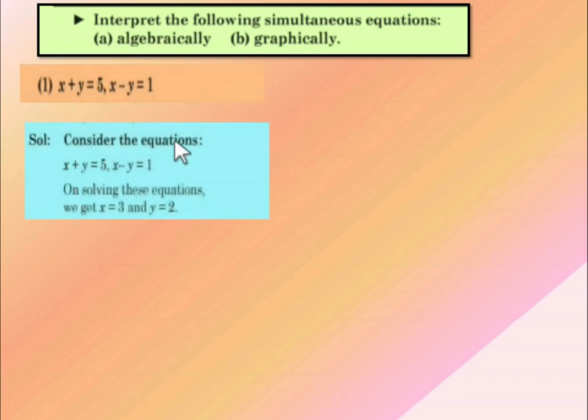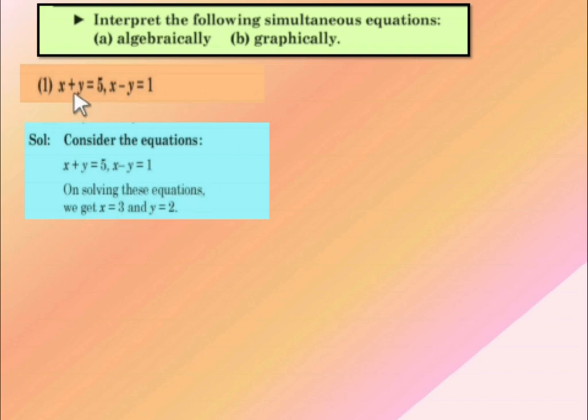If you observe them, here this is x, here this is x, here this is y, this is minus y. When you add these two, you get 2x, y minus y becomes 0, 2x is equal to 6. So x is equal to 3.